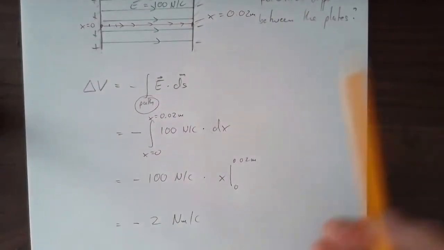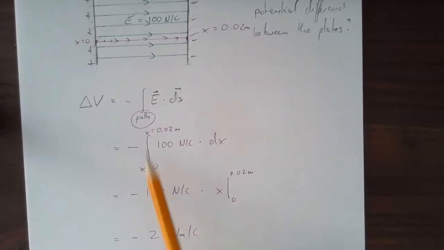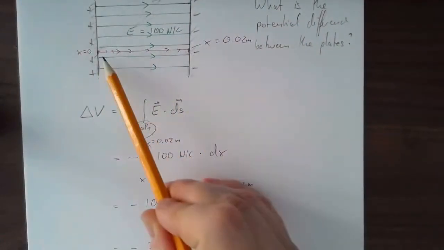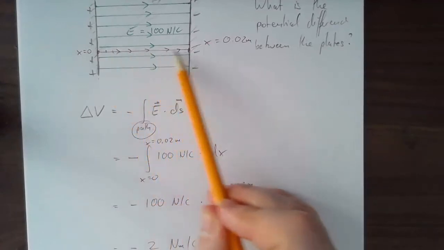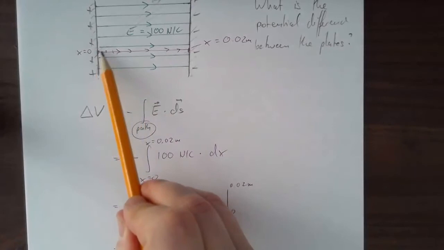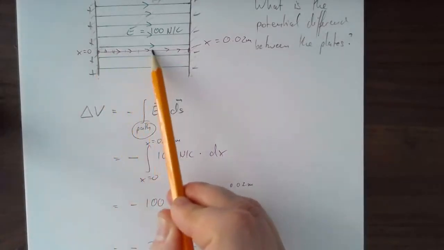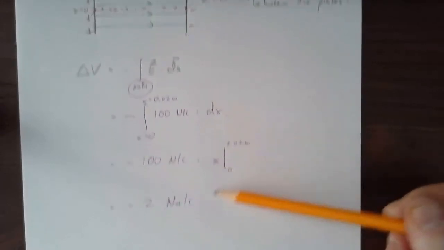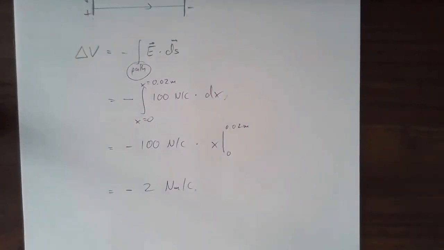But hopefully, if you haven't seen path integrals before, what I did here makes sense to you, right? I chose a specific path, like a specific way up my hill, or down my hill in this case, to find the height difference. And I then was able to parameterize this path with my variable x. So I was able to explicitly write down an integral that I could evaluate. And I evaluated it, and I came to an answer. So this is just going to be volts.